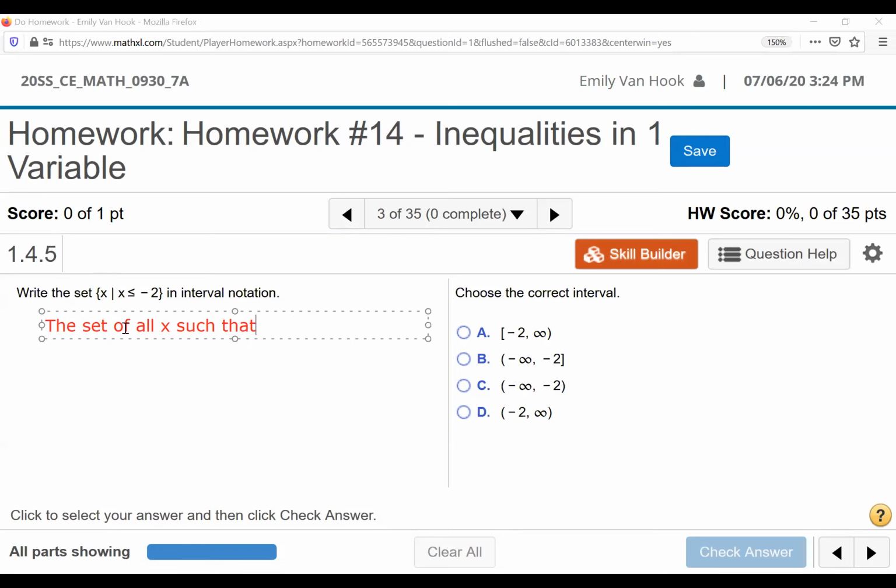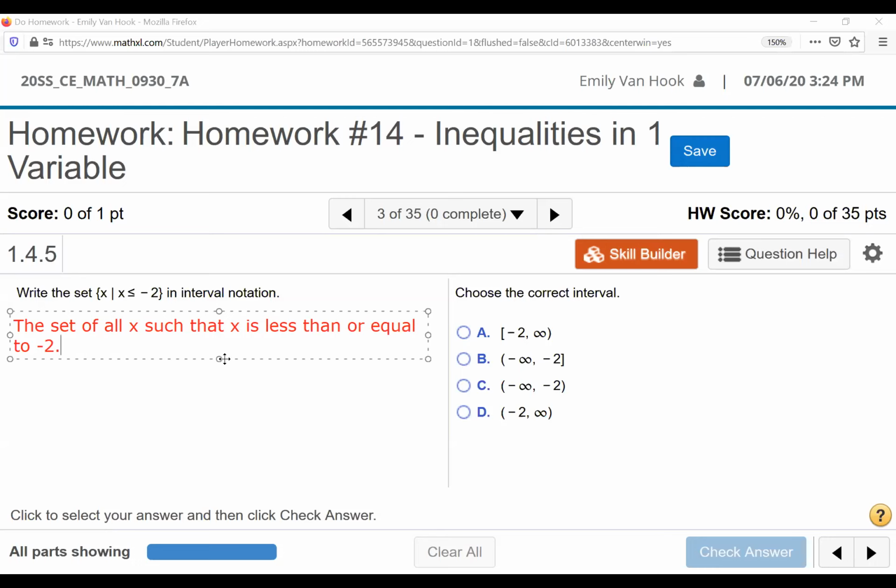We're basically saying, okay, we're about to describe x. Here's what we can say about them. Well, that brings us to the inequality: x is less than or equal to -2. Okay, so that's how you would say that in words.